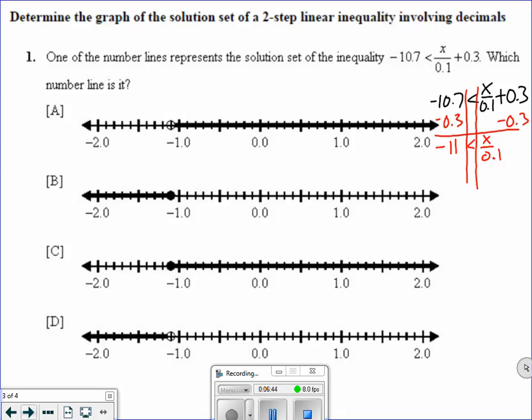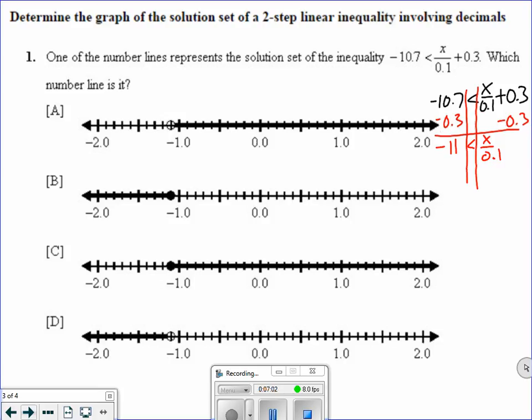Now, what I have to get rid of yet is that 0.1. So the opposite of dividing by 0.1 is going to be multiplying by 0.1.